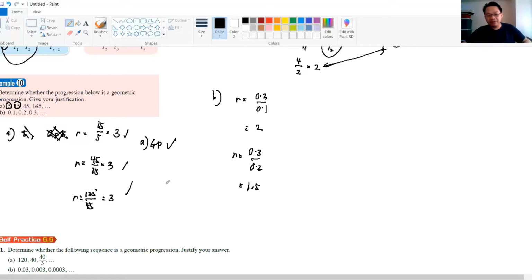Yes, 1.5. Now you see, R here and R here are not equivalent. Therefore, we can conclude B is not a GP. Justification: R equals 2, R equals 1.5, therefore they are not equivalent. Settle. That is example 10.